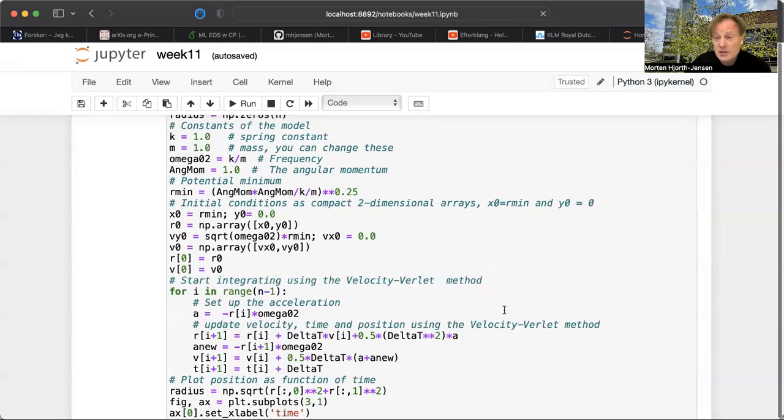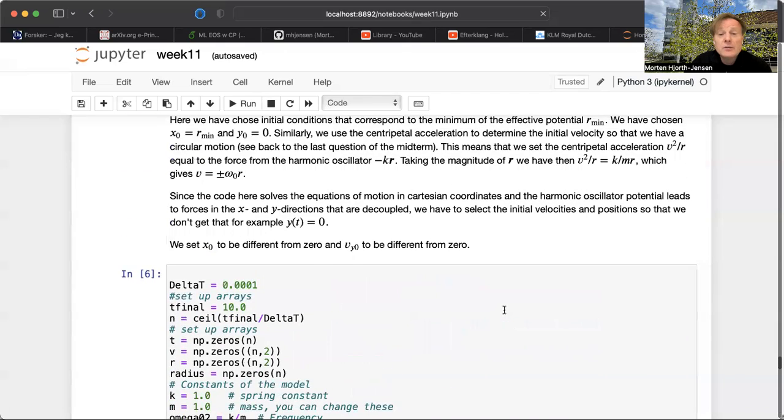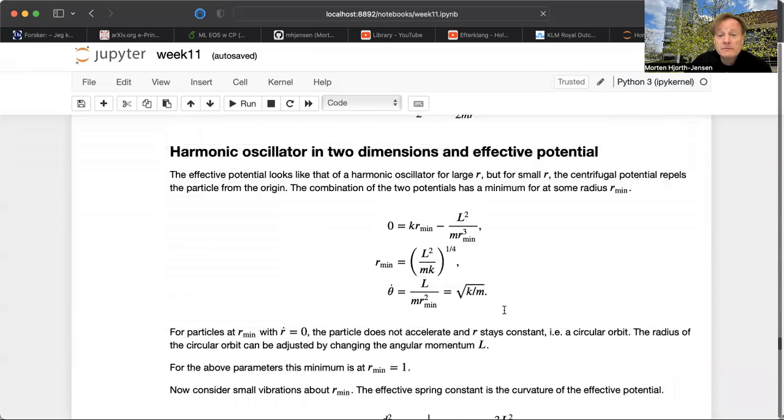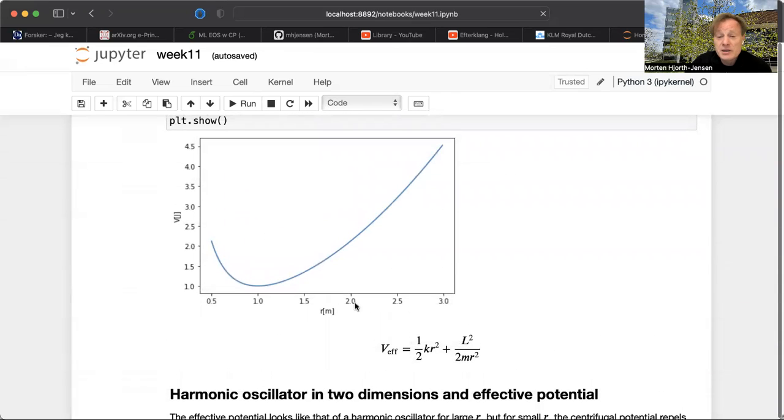That means that we need to update X and Y. But we can actually go back to the problem in polar coordinates and simply look at the value of R. And this means that when we fix R at the bottom of the potential, this is going to give us a radial acceleration which is 0, which means a radial velocity which is constant. And that means that we are going to have a circular motion. So the radius is actually a constant.